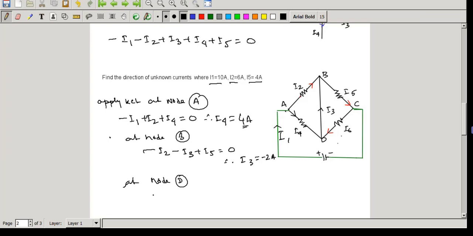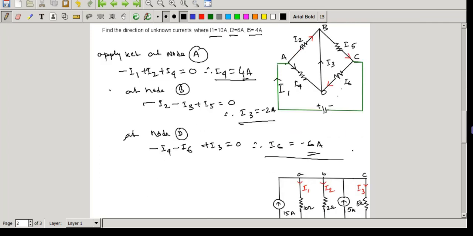So it is minus I4 minus I6 plus I3 equals 0. From here we find I6 equals minus 6 ampere. So from these equations we found the three unknown currents: I4, I3 and I6. Using KCL we can solve other problems also if we know the exact currents.